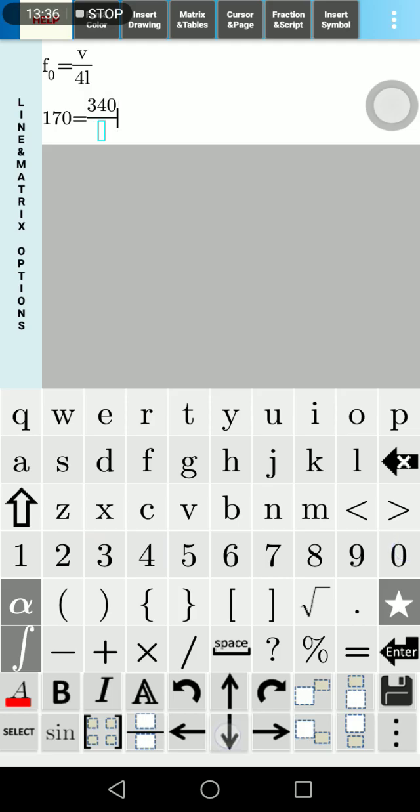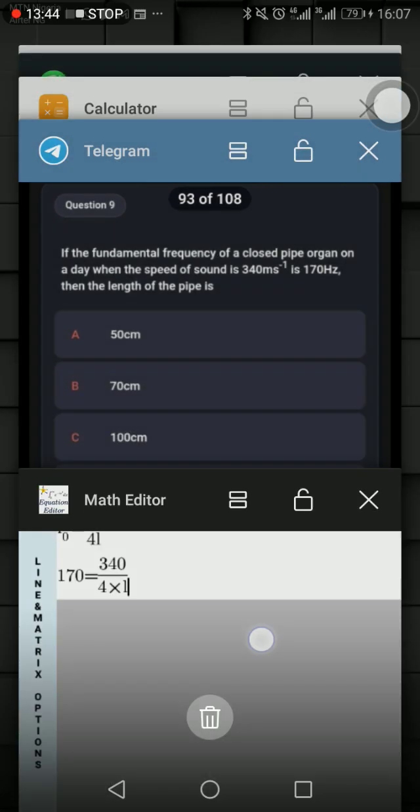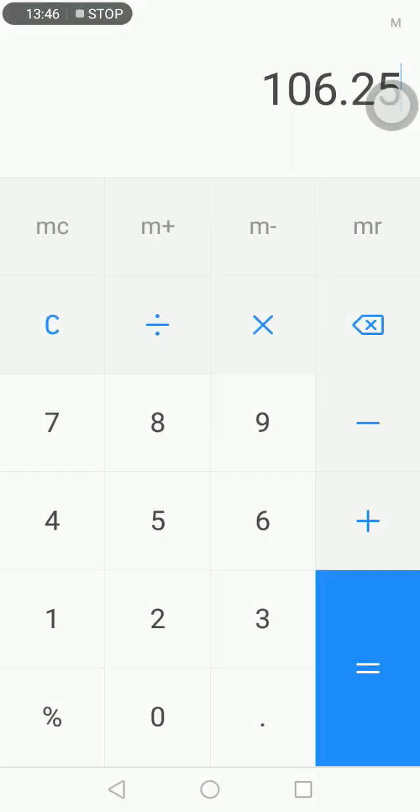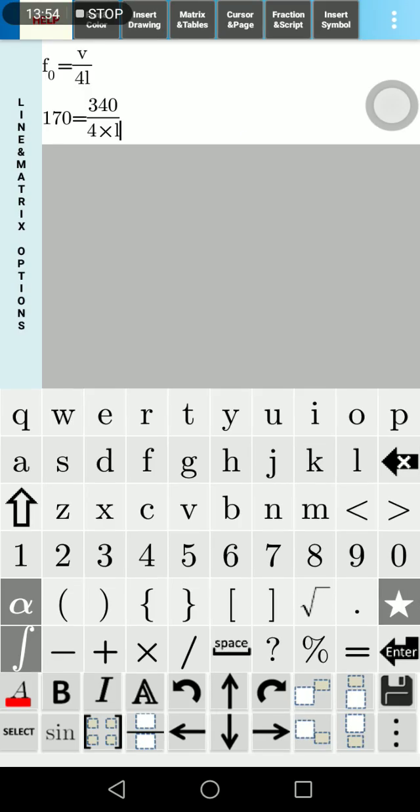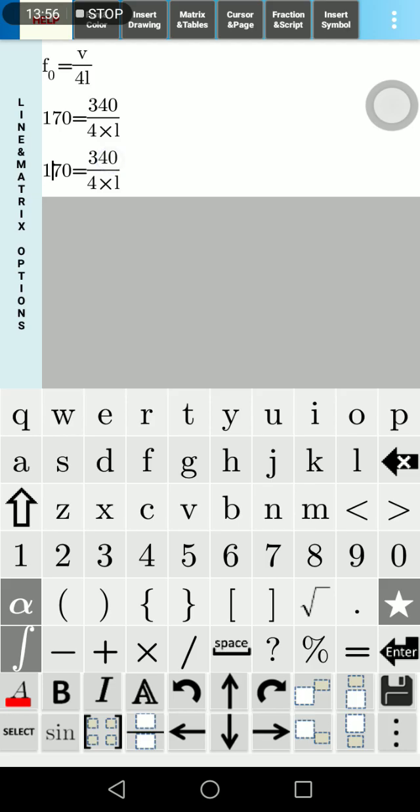Now it's L that you don't know. That's 4 times L. So 340 divided by 4 is 85. So this will be 85 over L.